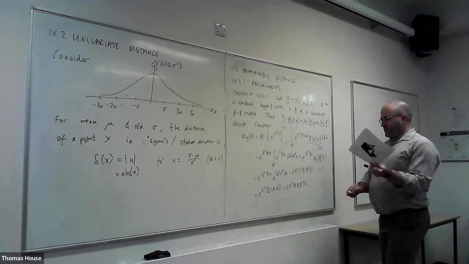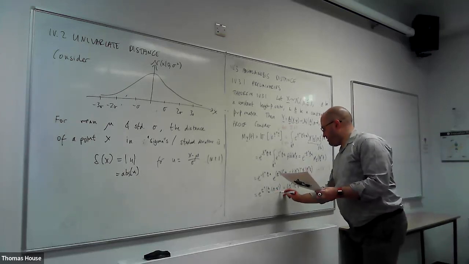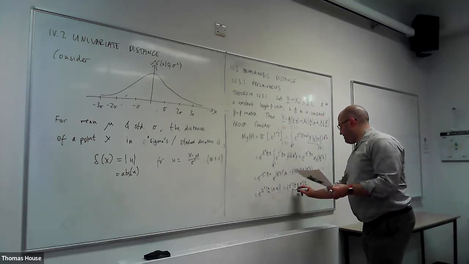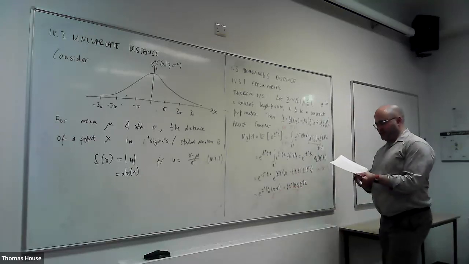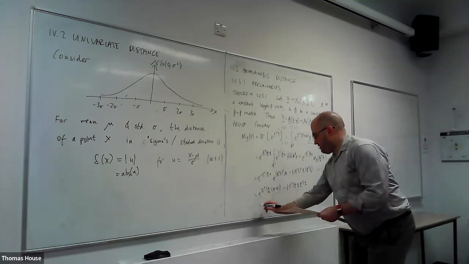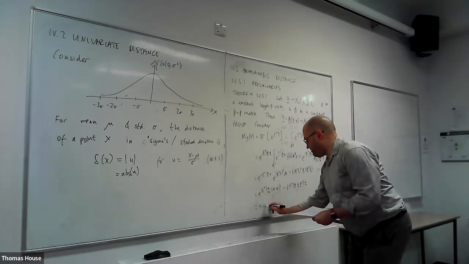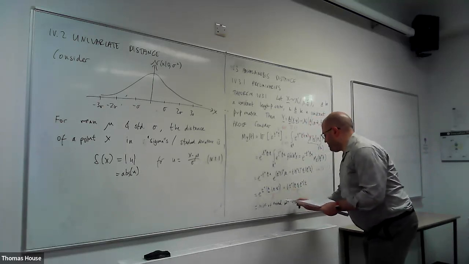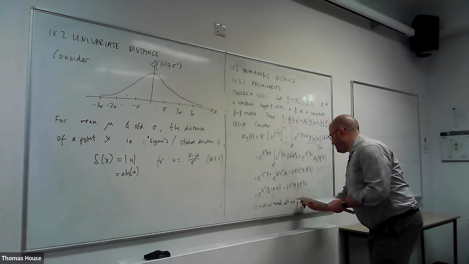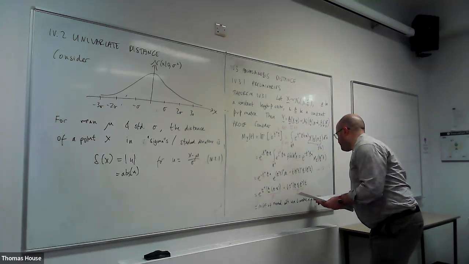And then we'll say, well, look, this is my mu tilde, and this is my sigma tilde, and this equals the MGF of a normal with that mean and covariance, as advertised.